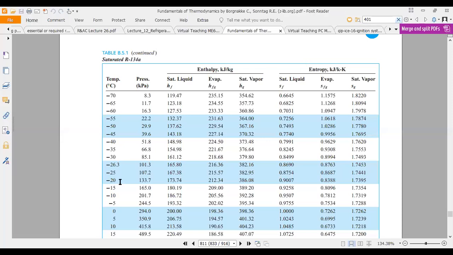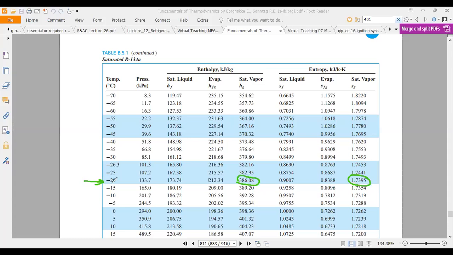You see that corresponding to minus 20 degrees centigrade, the Hg value and the Sg value: this is 386.08 kilojoule per kg, and this is 1.7395 kilojoule per kg Kelvin.